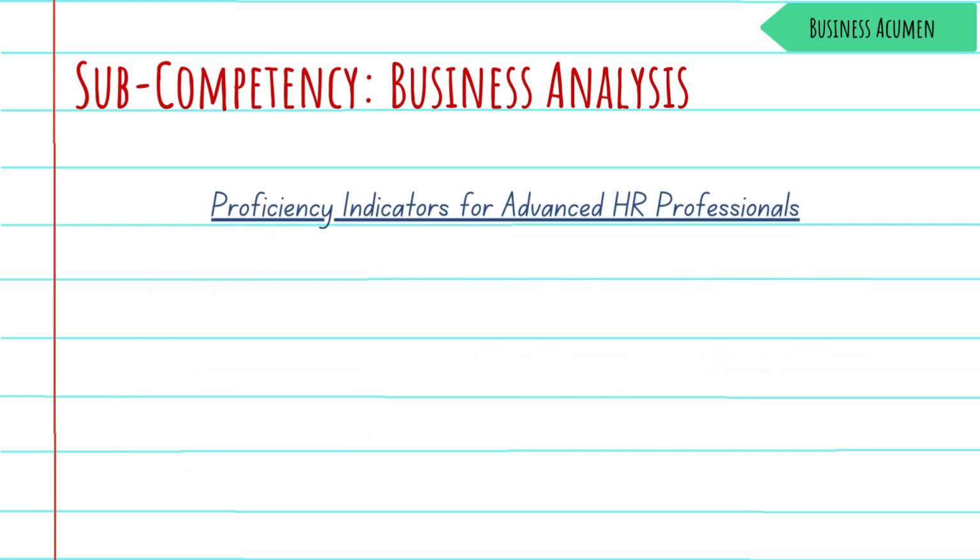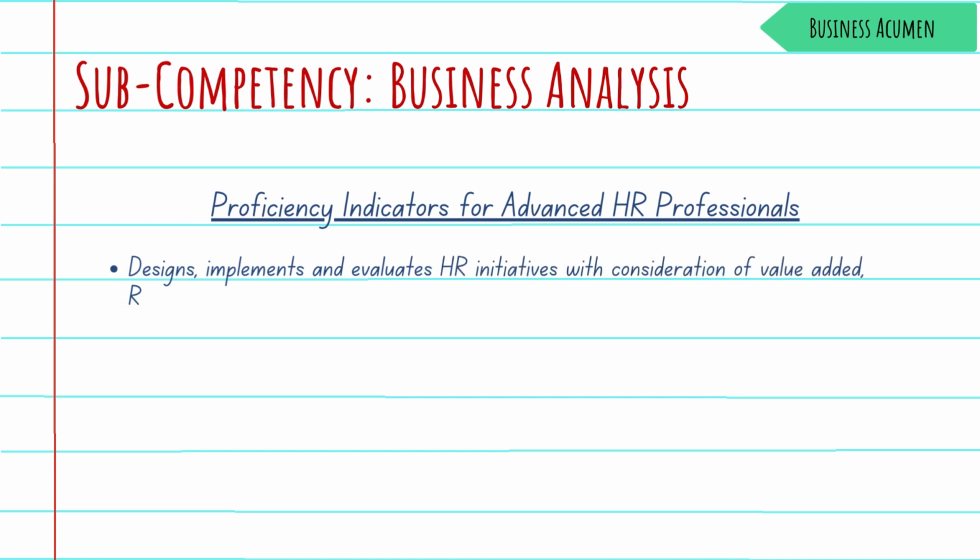For advanced professionals, the indicators elevate to include designing, implementing, and evaluating HR initiatives with consideration of value added, return on investment, utility, revenue, profit and loss statements, and other business indicators.